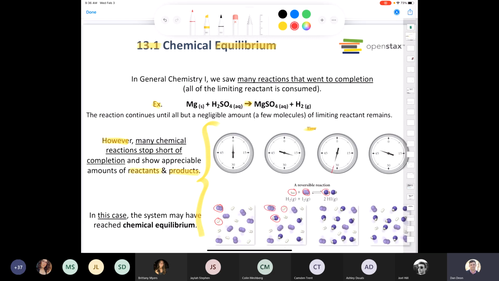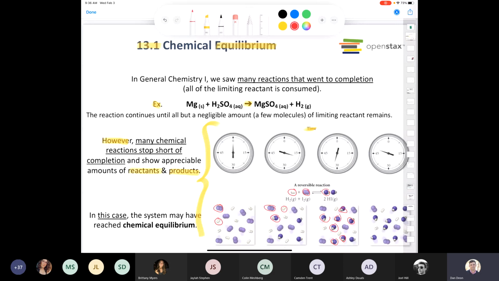After a little more time progresses, if you were to tally up all of the H2, all of the I2, and all of the HI in this box here, what you would see is that the concentration, or the number of HI molecules, is increasing, and the number of H2 and I2 molecules is decreasing.